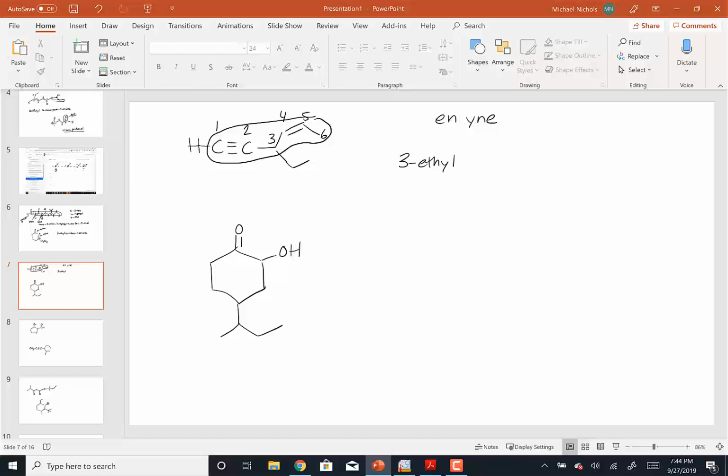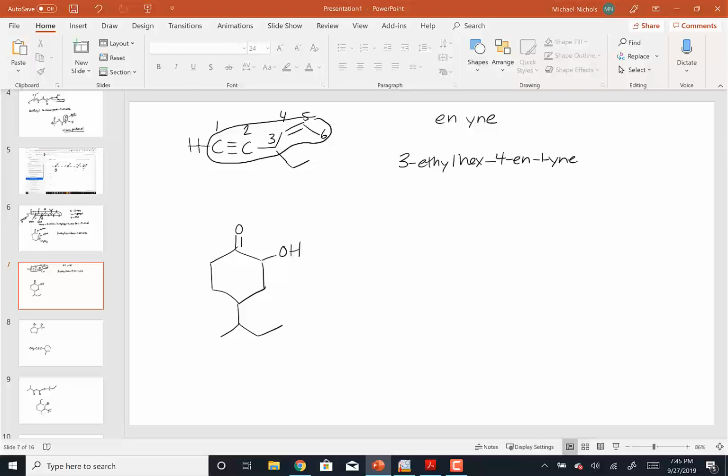All right, now I'm going to put together the parent name, realizing that this is an ene-yne. And so in this case, total number of carbons is hex. The double bond is at carbon 4, so this is a hex-4-ene. The triple bond is at carbon 1, so hex-4-ene-1-yne.